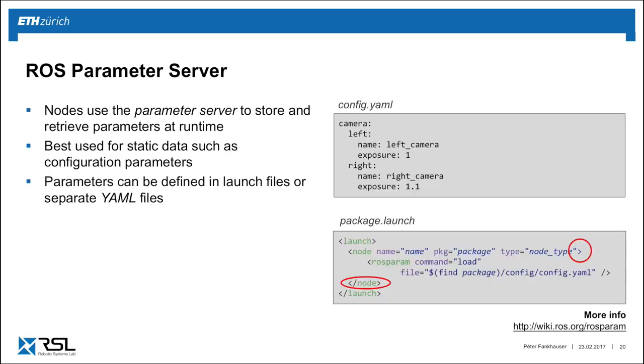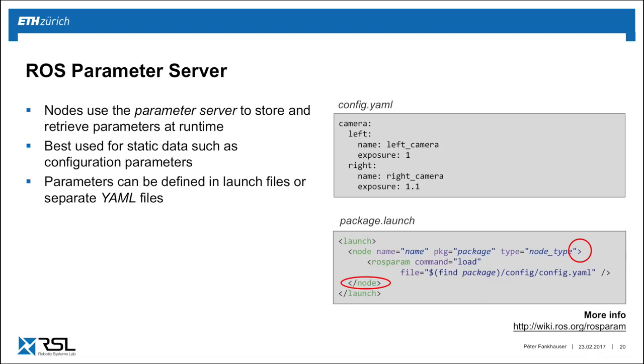Here's an example of a parameter file, which are stored in so-called YAML files. It's the format. In this case, under the camera, we would define, okay, we have a left and a right camera with two names and give it an exposure number, for example. And then this is just a file that you can put down somewhere in your system. And then you have to load it.